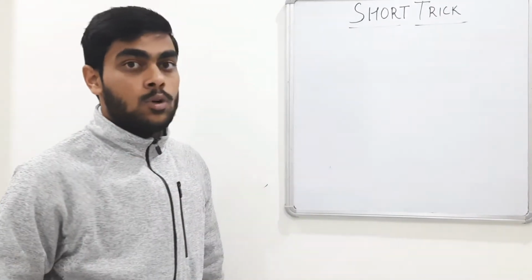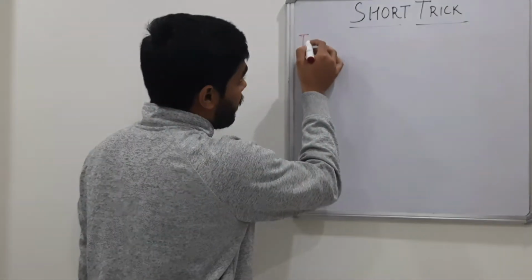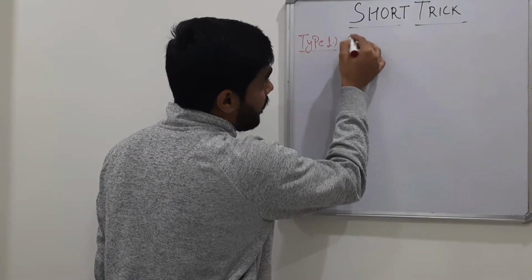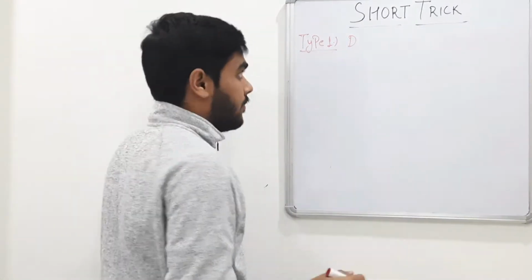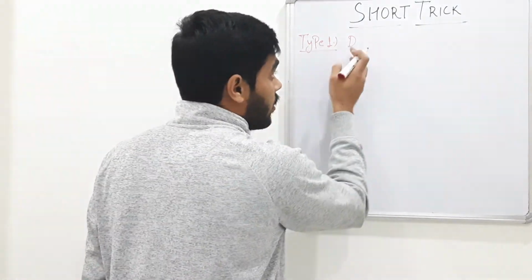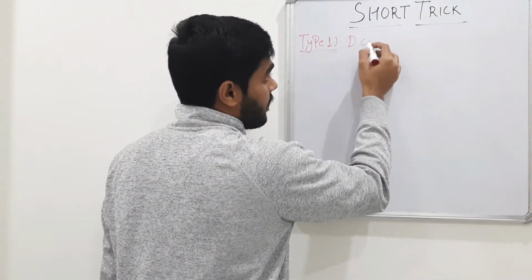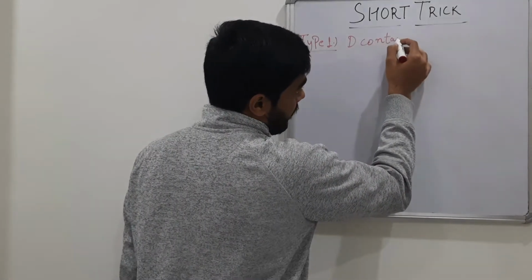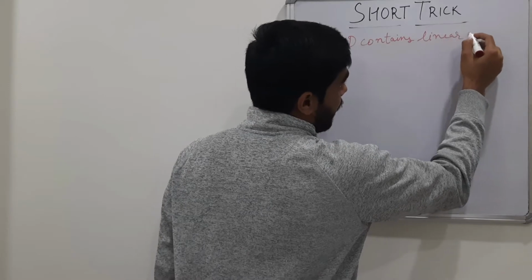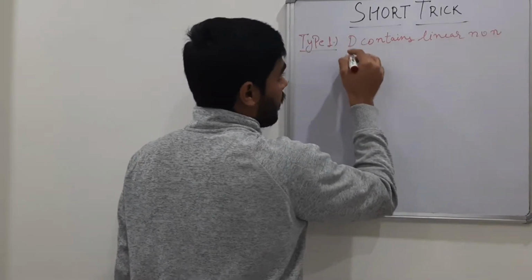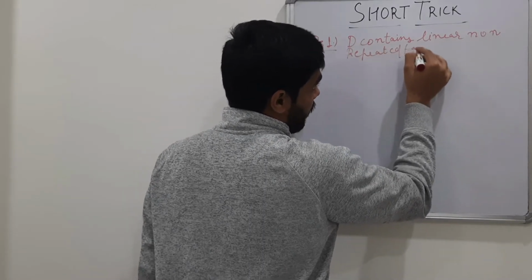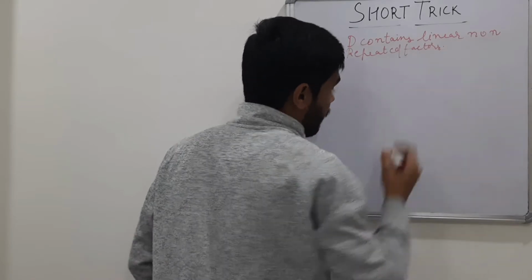The first type of question is when the denominator of the rational fraction, which I will represent as d, contains linear non-repeated factors.